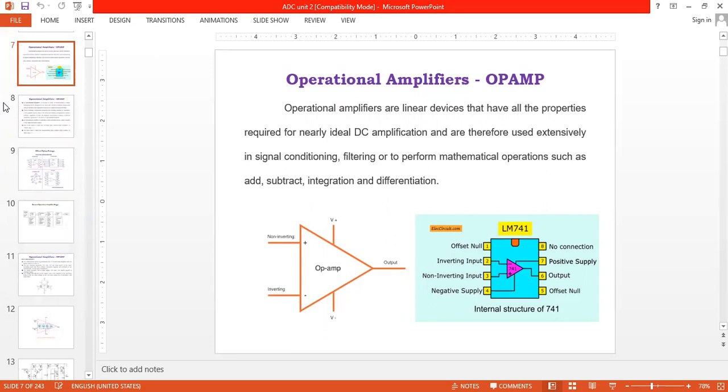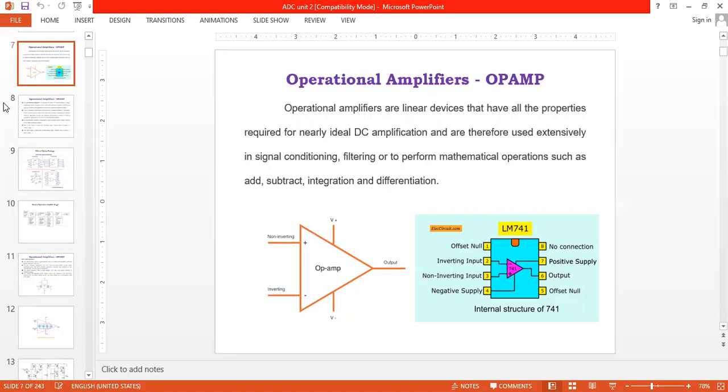So these are the basic applications of the op-amp: high gain amplification, addition of two signals, subtraction of two signals, integration of the input signal, and differentiation of the input signal. We can do all of this through the operational amplifier.